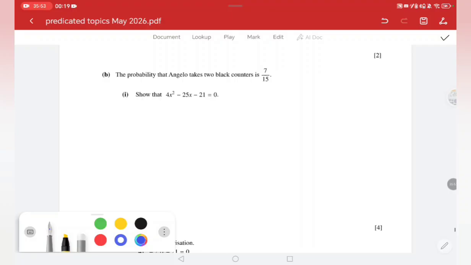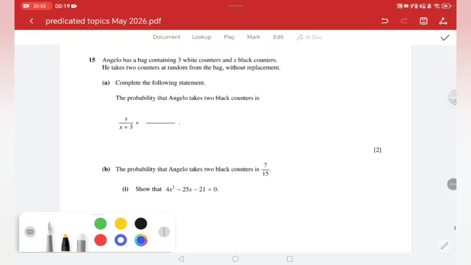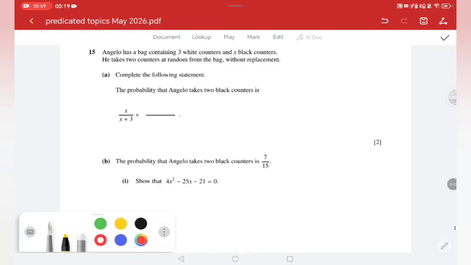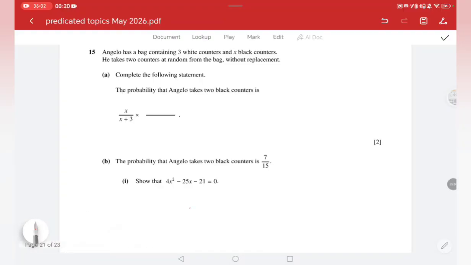Okay, now different type of questions. This question is about probability, and this one is a good question actually. We have here 3 white counters and we have X black counters.